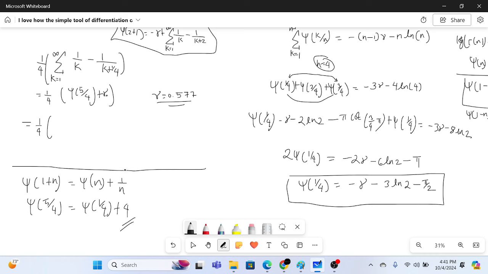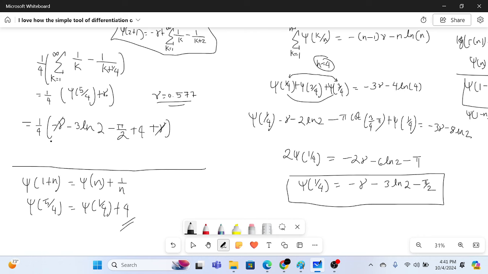Now if you substitute this, what we will get is digamma of 1 by 4 is minus gamma minus 3 ln 2 minus pi by 2, and again plus 4 as well, and plus the Euler-Mascheroni constant.